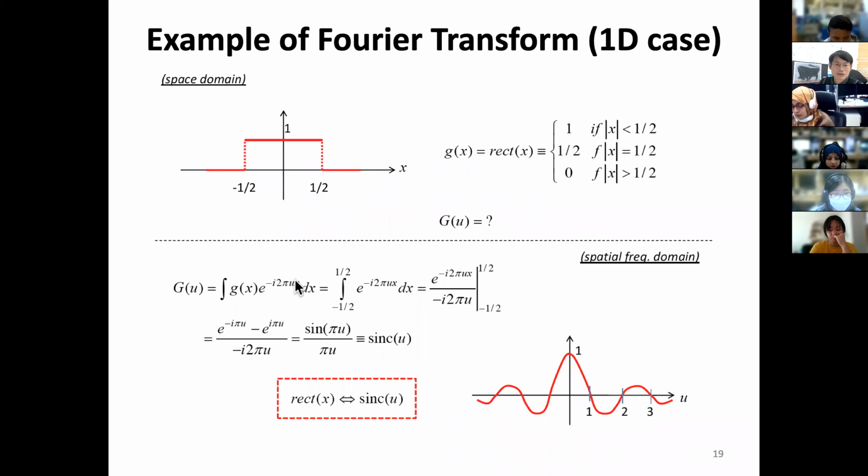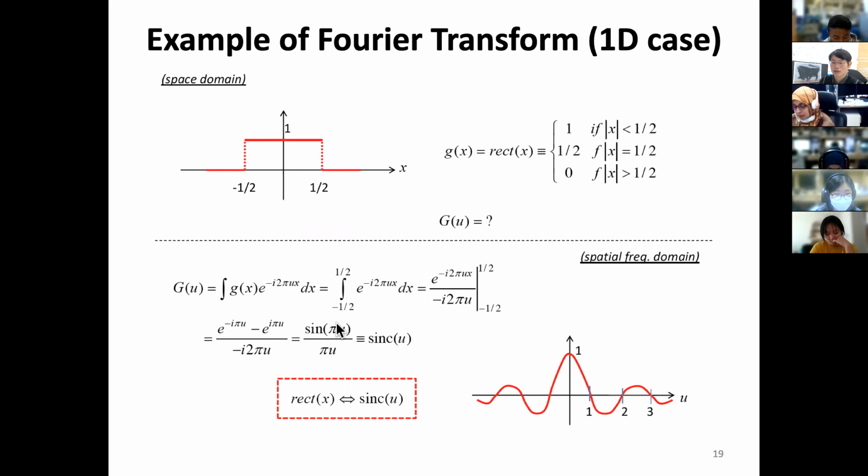You are integrating an exponent, which is very easy. You put half here and minus half here, and this is a very familiar form. What you can see is minus i2 sine pi u, so the minus i2 cancels out.